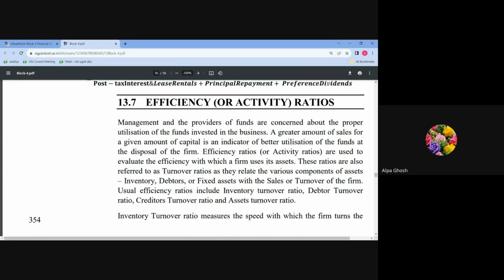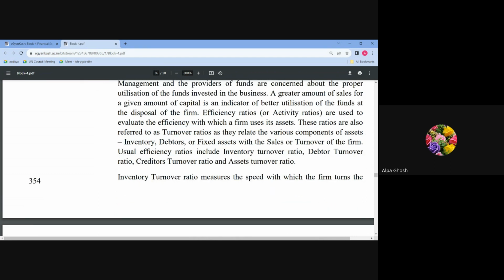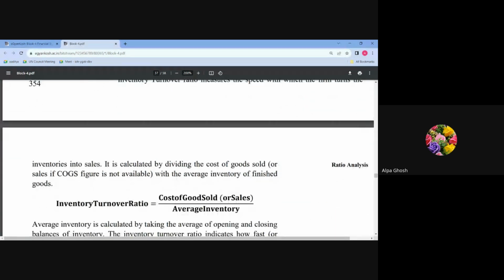They are also known as turnover ratios, where we compare debtors, inventory, and fixed assets with the sales or turnover of the firm. So we need to find out whether the assets are used to the optimum in the firm or not.